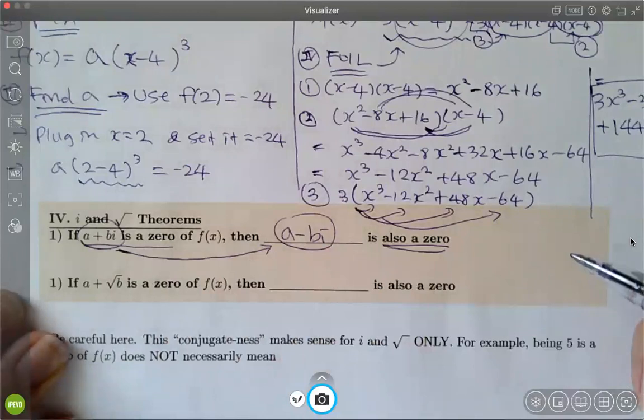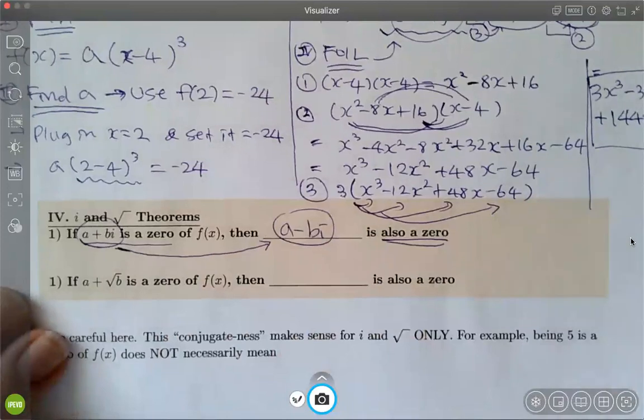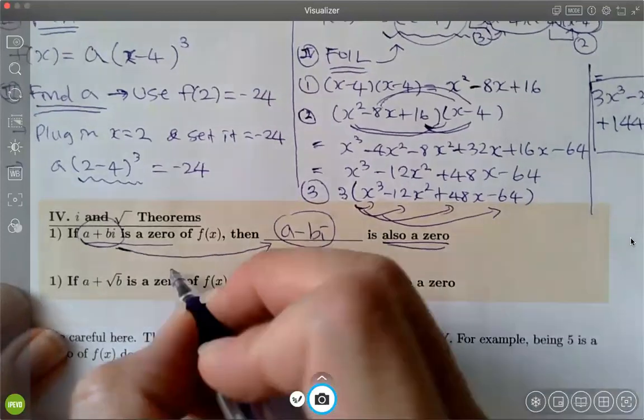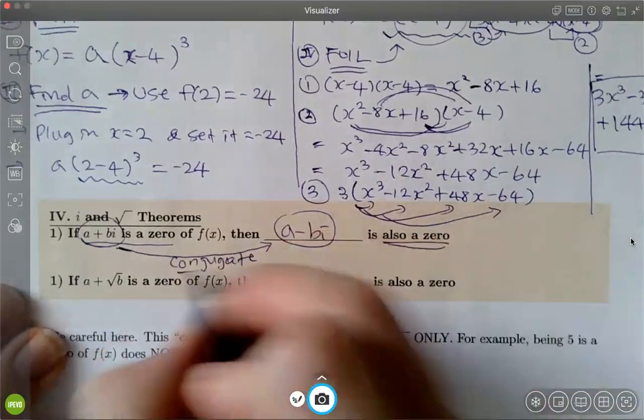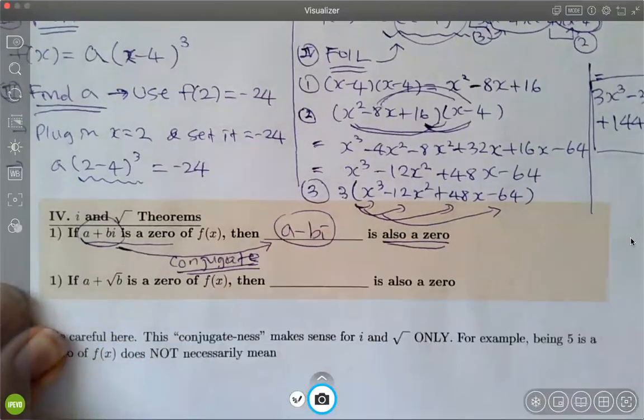And do you remember the name of such a phenomenon? Flip the middle sign only. Conjugates? The conjugates, yes. So if a plus bi is a 0, then its conjugate is also a 0.